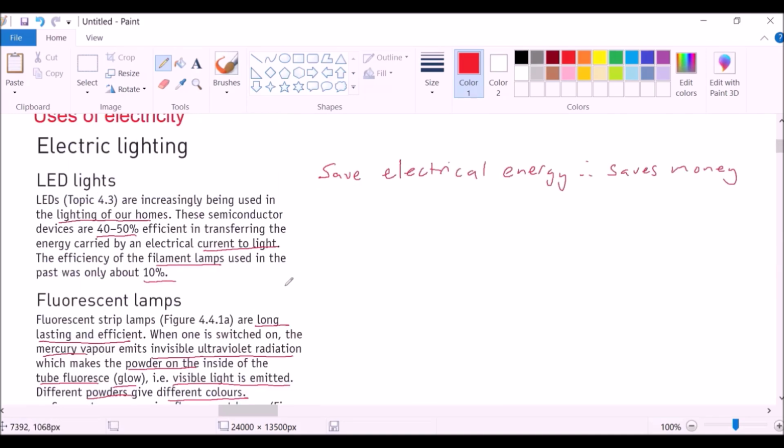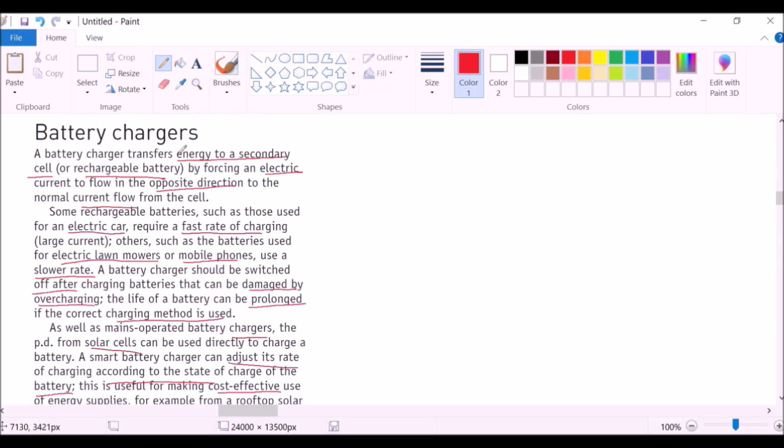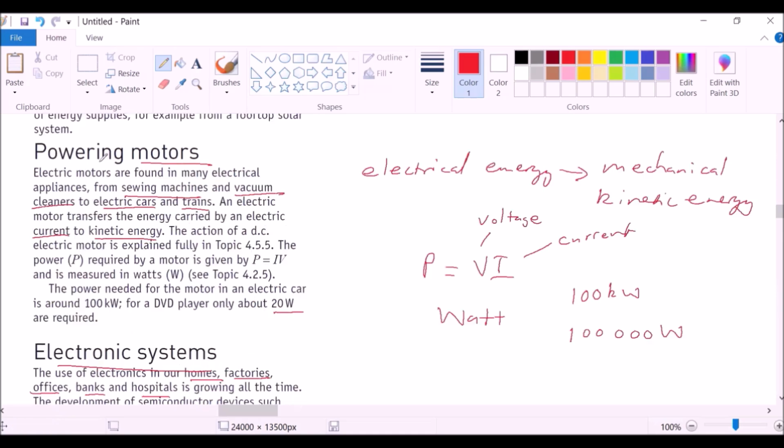For lighting, electrical energy is converted to light energy. In heaters, electrical energy is converted to heat energy. In battery chargers, electrical energy is converted to chemical energy. In motors, electrical energy is converted to kinetic energy.